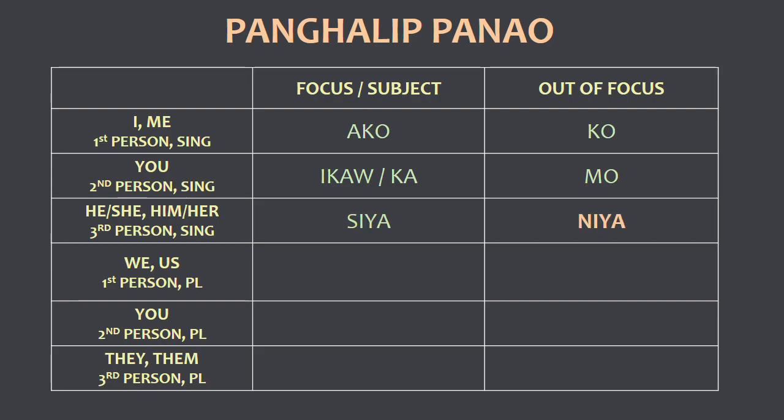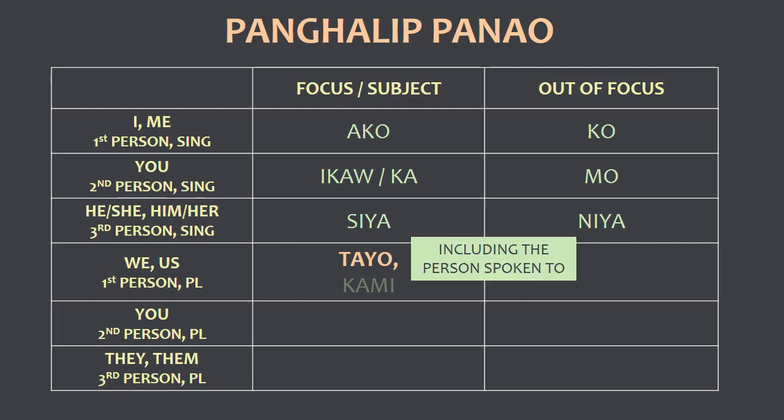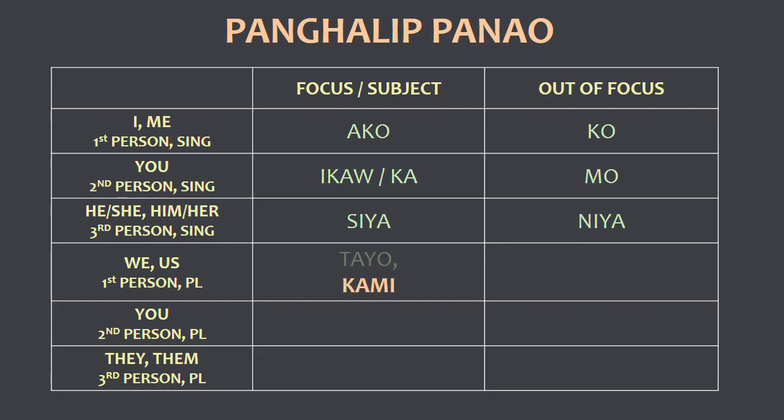That's also gender neutral. For first person plural, when replacing the focus of the sentence or the subject, you use tayo or kami. Tayo is used when by we, you mean we including the person that you're talking to, while you use kami if by we you mean we as in not including the person that you're talking to.